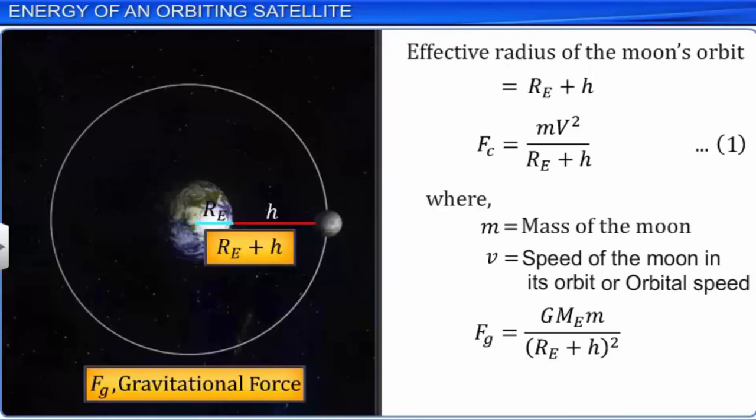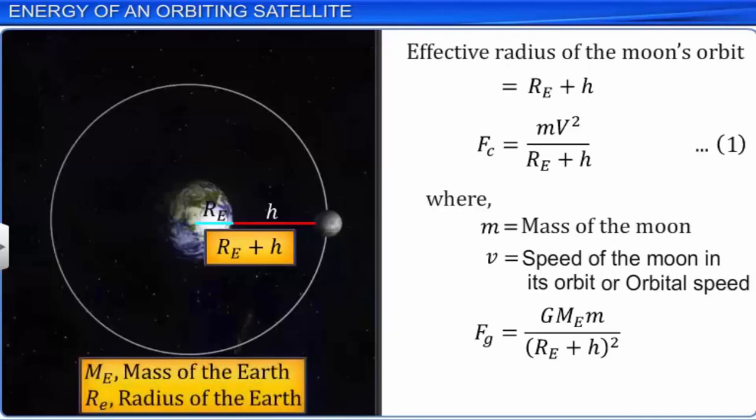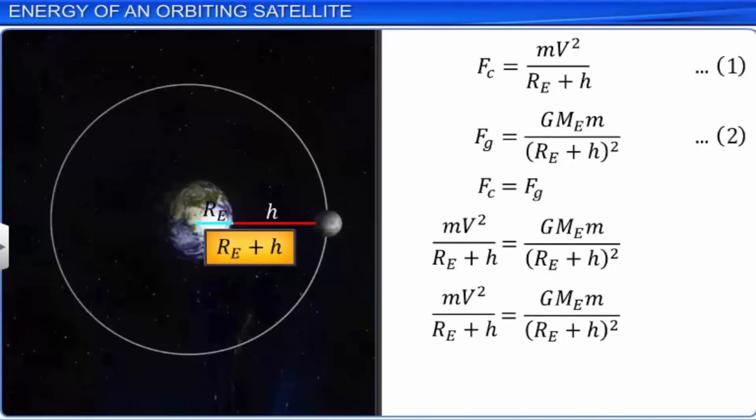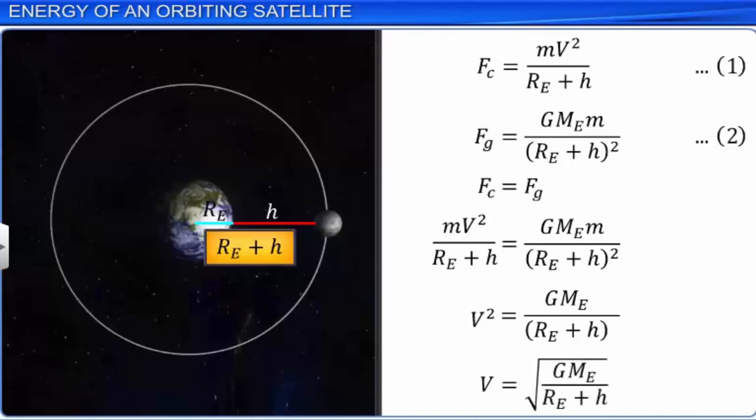Equating the two equations and simplifying, you get the expression for the speed of the Moon in its orbit as square root of G M_E divided by R_E plus h. Let this be equation 3. Once you know the expression for the speed of the Moon in its orbit, you can find the kinetic energy of the Moon using the expression KE is equal to half m v square.